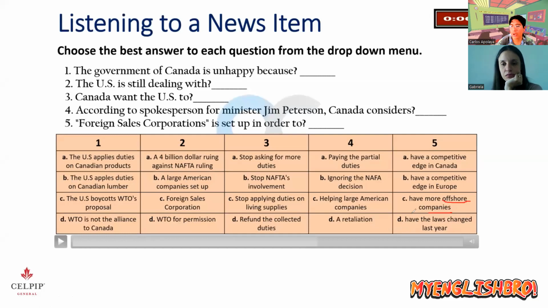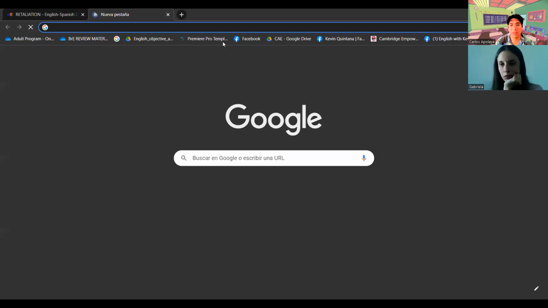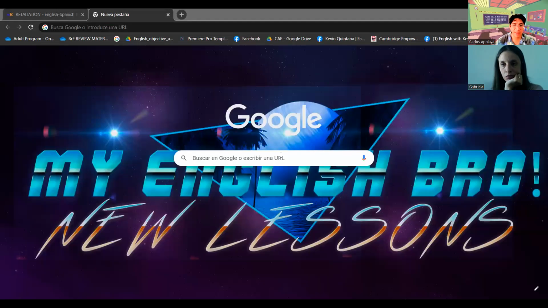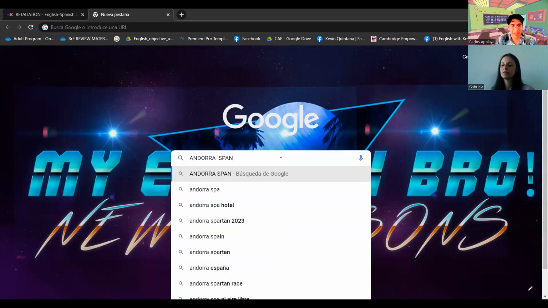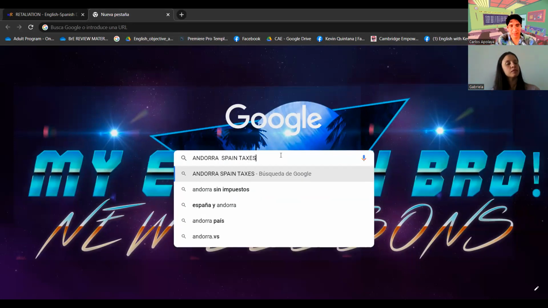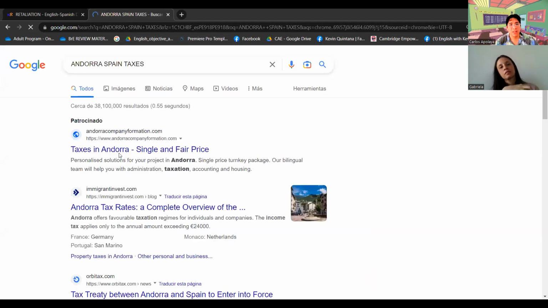Offshore. Offshore es un adjetivo. Offshore se usa para las compañías. Por ejemplo, los impuestos en España son más altos que los impuestos en Andorra. ¿Sabías eso? A ver, vamos a poner Andorra, Spain taxes, los taxes in Andorra.